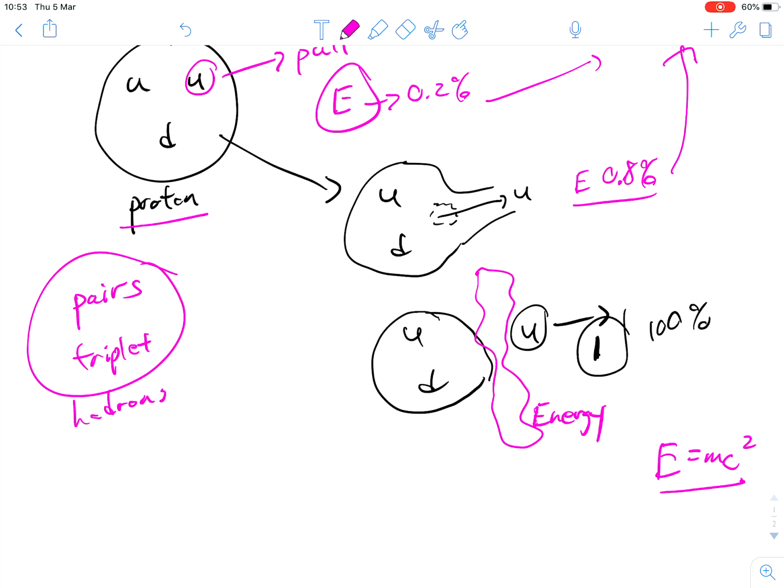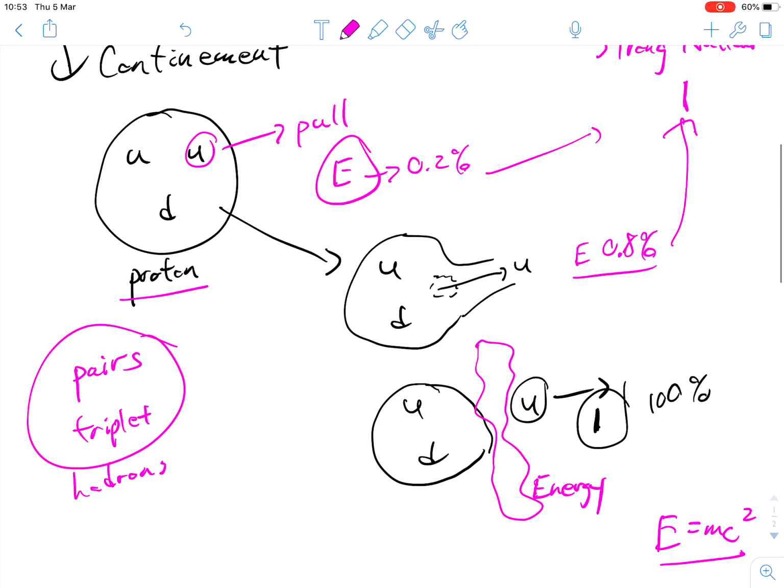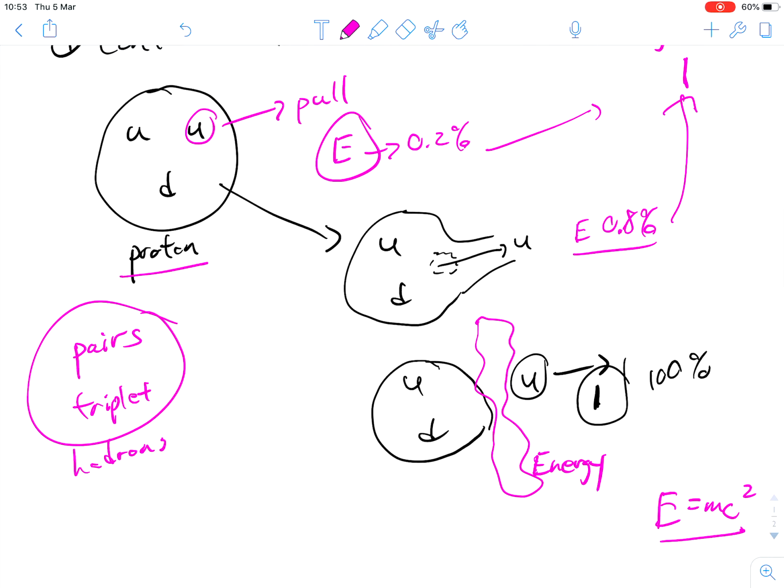So suppose we could actually exert that much energy to separate a quark. There is an equivalent amount of energy that will produce additional particles. The energy that you exert may also create additional quarks. Energy will convert itself into matter.